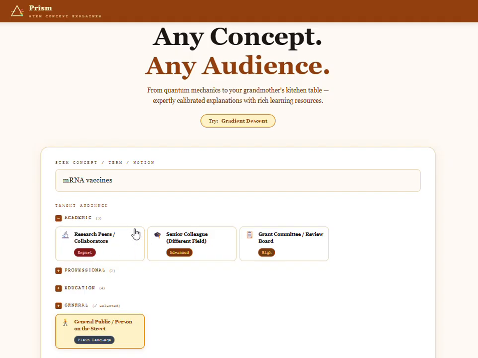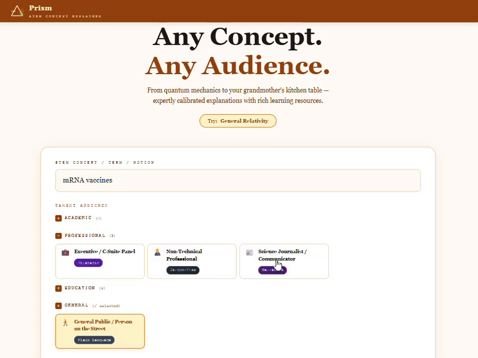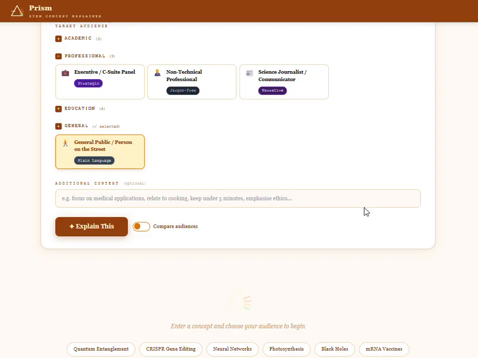For research peers, it has to be expert level, senior colleague, advanced. For professional, science journalist, it has to be narrative, or jargon free for non-technical, and for executive presentations, it has to be strategic.